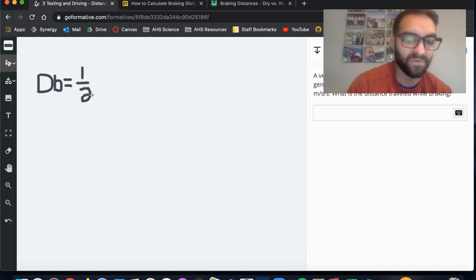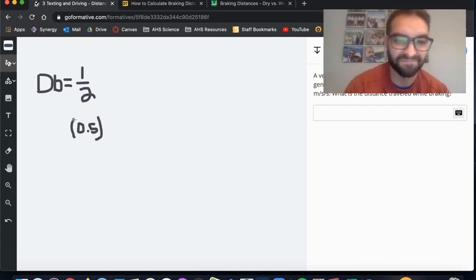And when I put 1/2 into the calculator, I almost always write it as 0.5. For me it feels easier than using a fraction in the calculator. So just something to keep in mind. And then this little dot is a multiplication symbol.